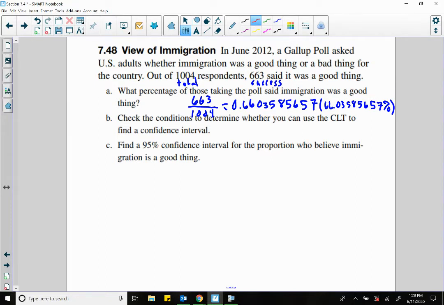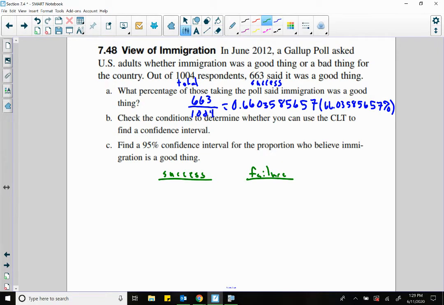Okay, condition 2, again, this is successes and failures. I cannot spell today.